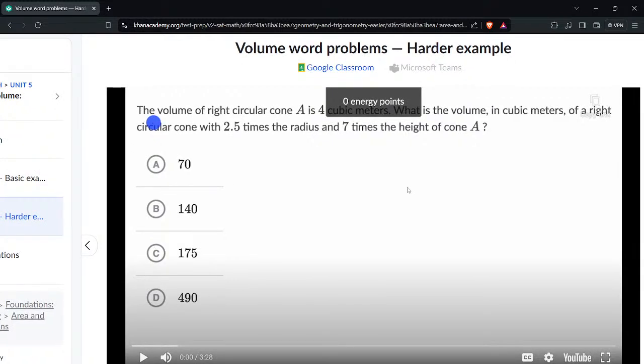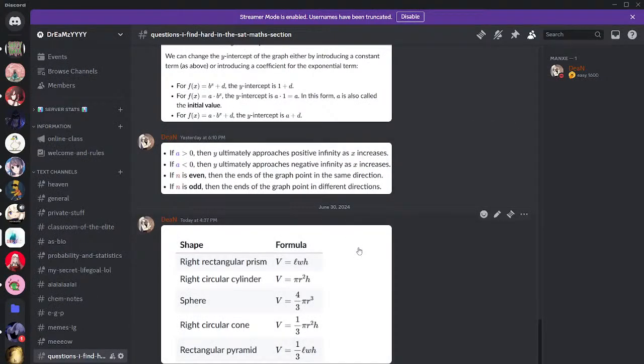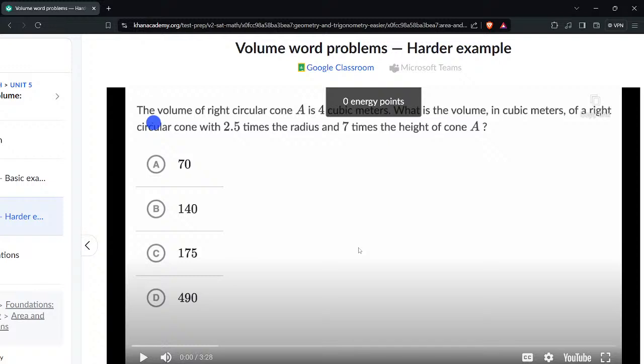Okay, I have volume. Here's 4 cubic meters, right? We have a right circular cone. What's the volume of a right circular cone? It's one-third pi r squared h. So we have one-third times pi, 2.5 times the radius, right?